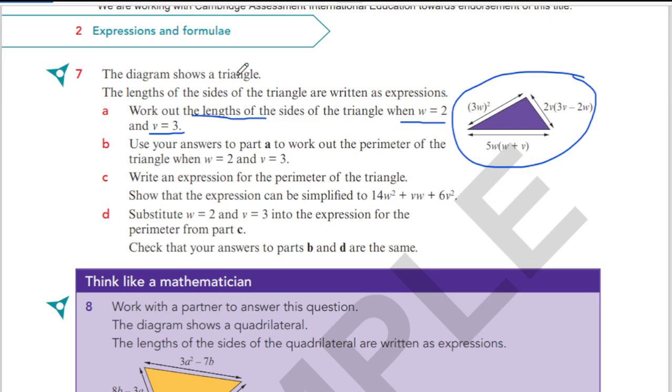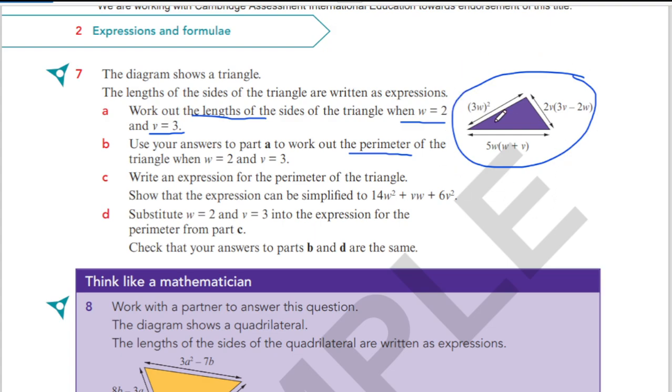Then they are saying use your answer to part A to work out the perimeter of the triangle when w is equal to 2 and v is equal to 3. In part A, they were just asking you to find the lengths. In part B, they're asking you to find the perimeter. It is easy to find the perimeter of this triangle because we already know the lengths.